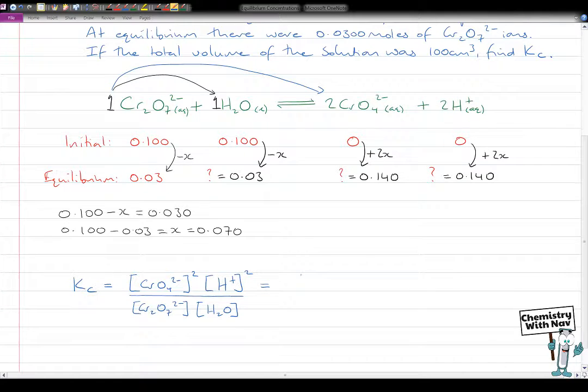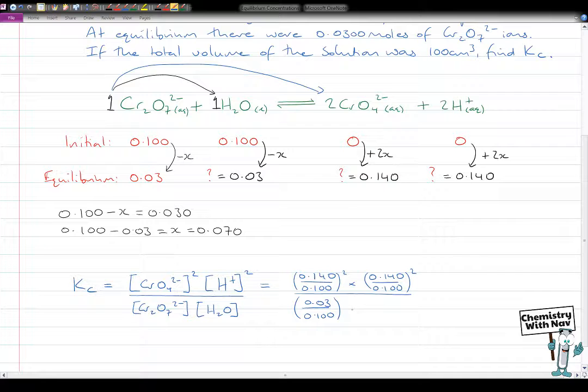So for the products, I have 0.14 over 0.1 squared times by the same thing. And for the reactants, it is 0.03 over the 0.1.